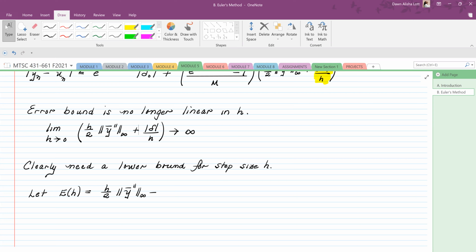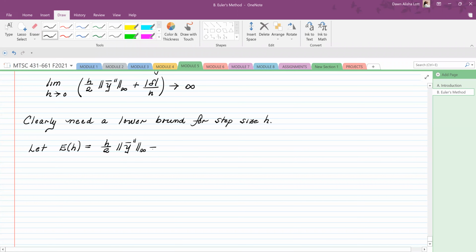All right, so this should be a plus absolute value of delta over h.